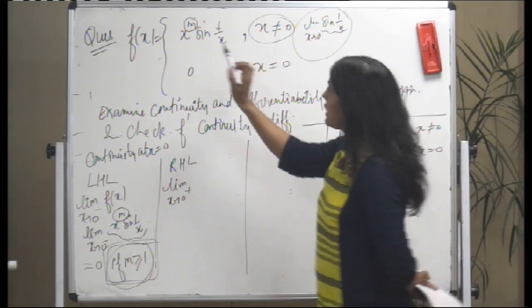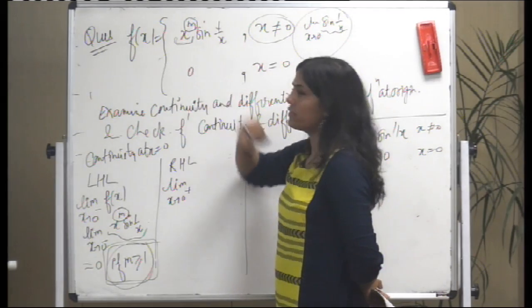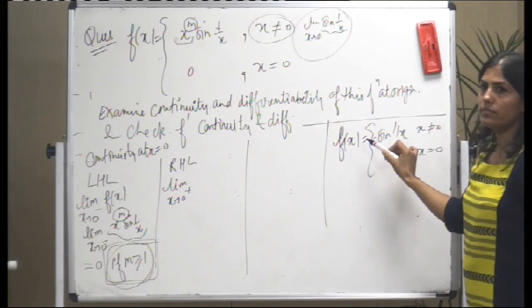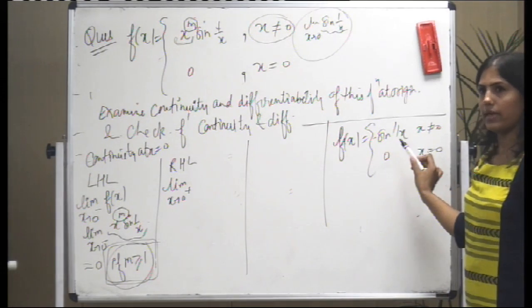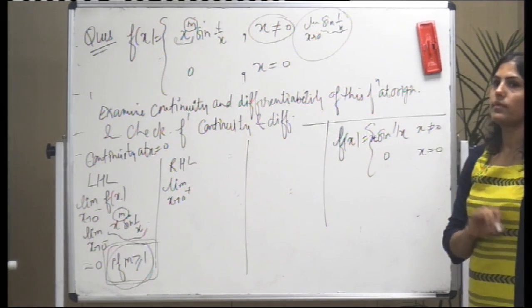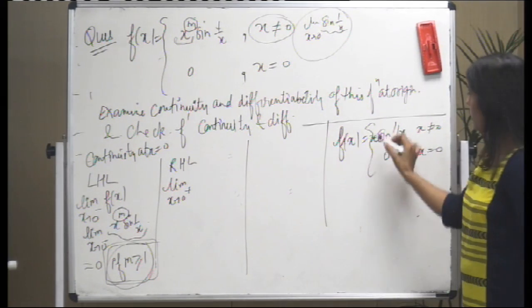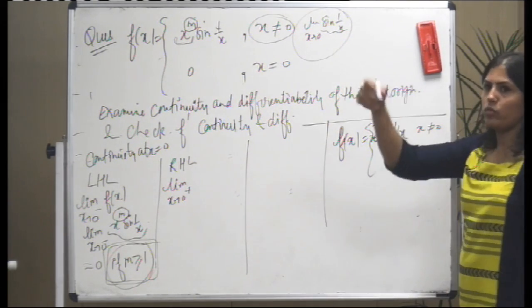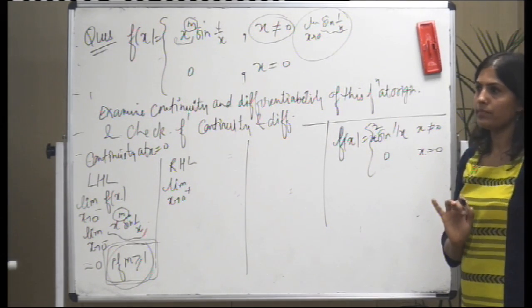It means at least one x you need here, and there is no x here. So this is not continuous. Direct, no need to check now because I am telling you. What about this? Now I think from now onwards it will be continuous. Is it fine?